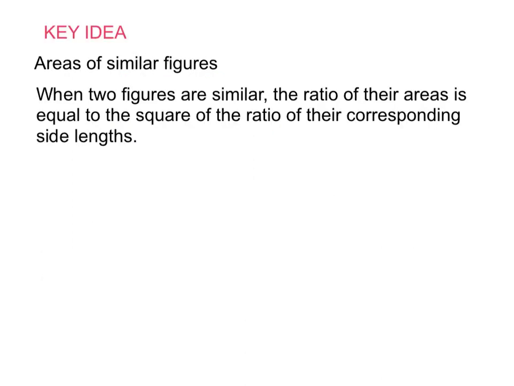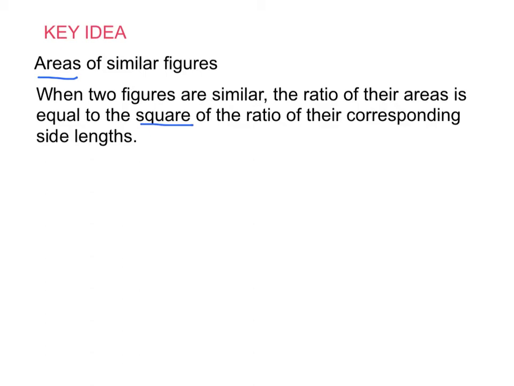Our next key idea has to deal with the areas. The areas of similar figures. When two figures are similar, the ratio of their areas is equal to the square of the ratio of their corresponding side lengths. So we're going to use the two triangles in the other diagram that we drew.